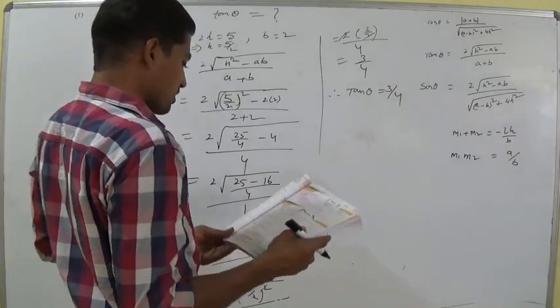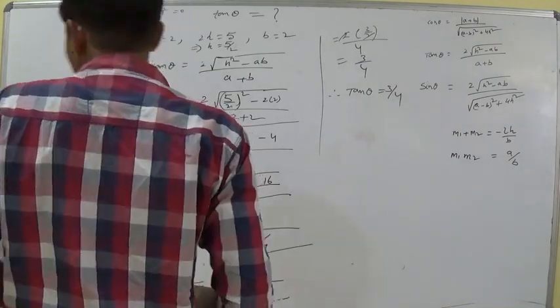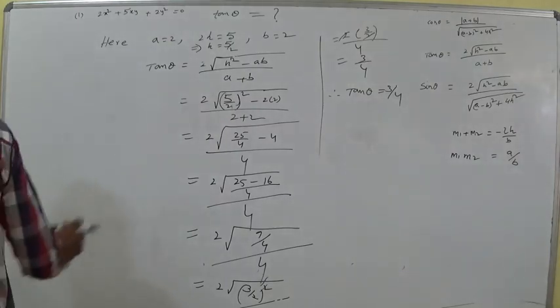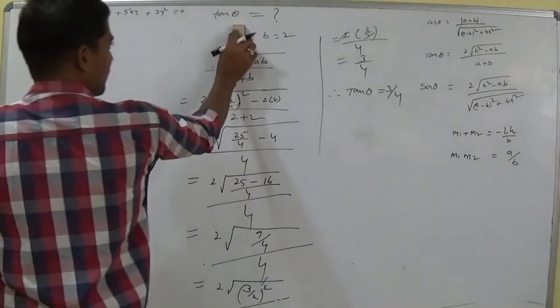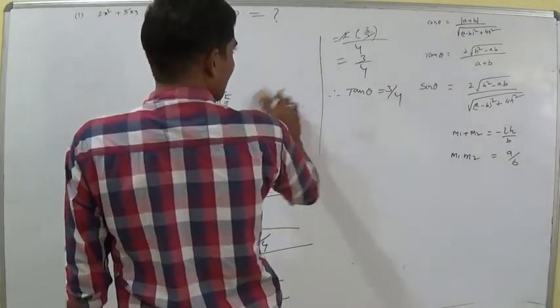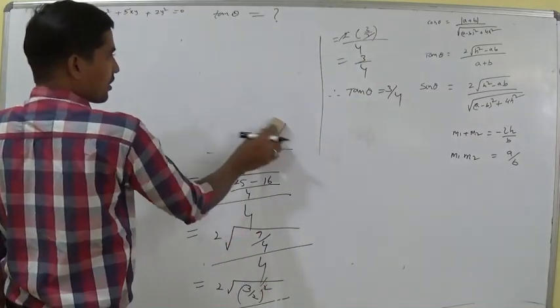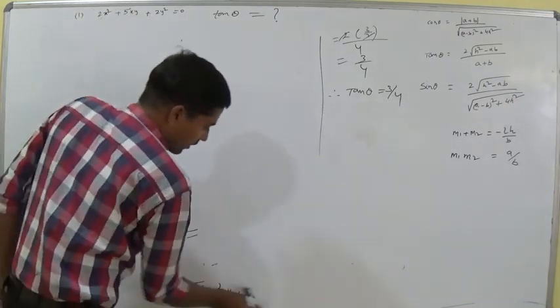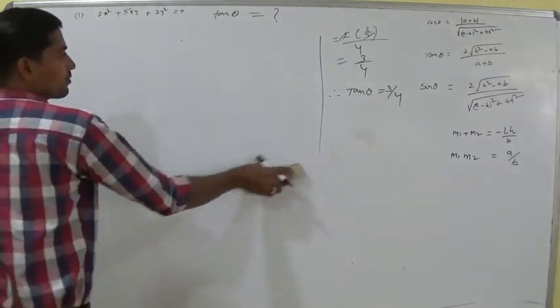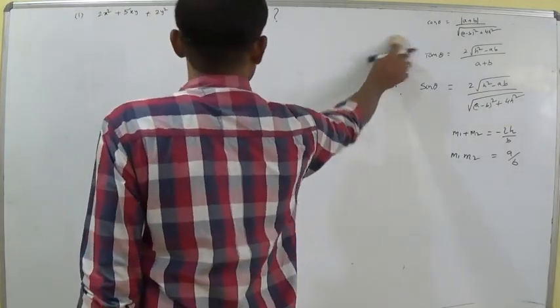Find the value of cos theta. Given equation. So always you have to remember these formulae: cos theta, tan theta, sin theta, and sum of the slopes, product of the slopes. How to remember.